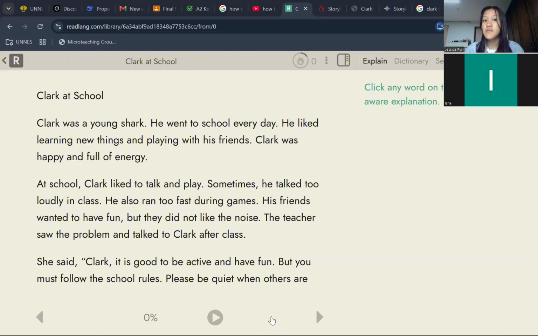You can see the meaning in English or in Indonesian, up to you. So you can start now, students. You can read by yourself, and then if you're done, please let me know.